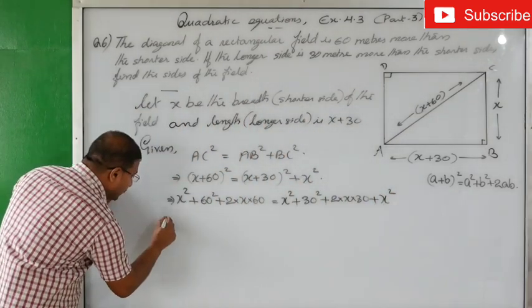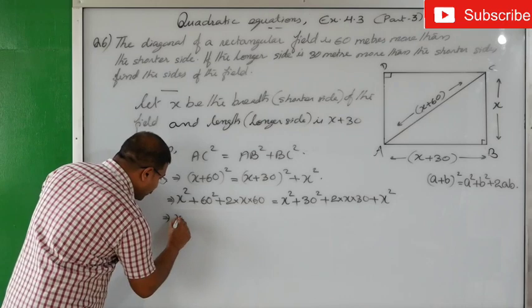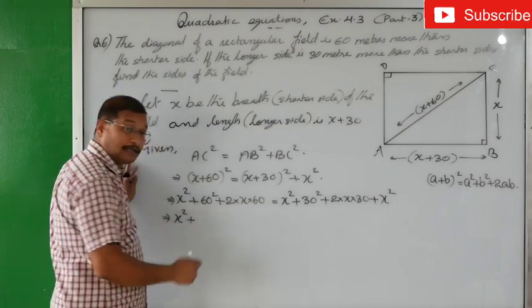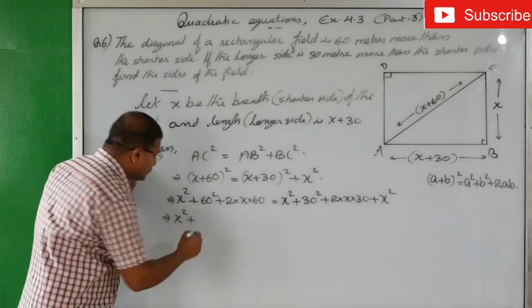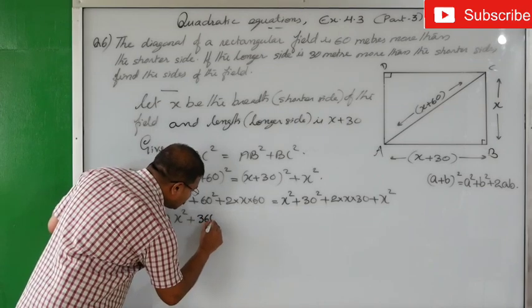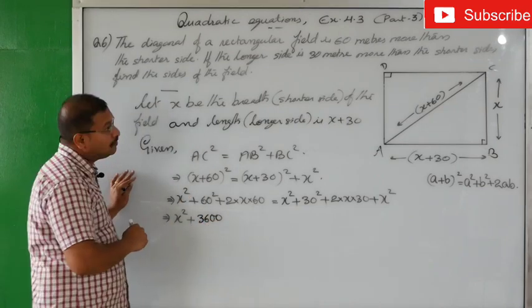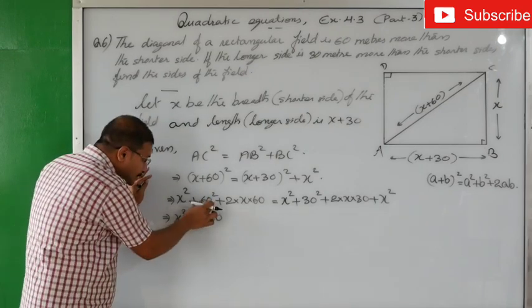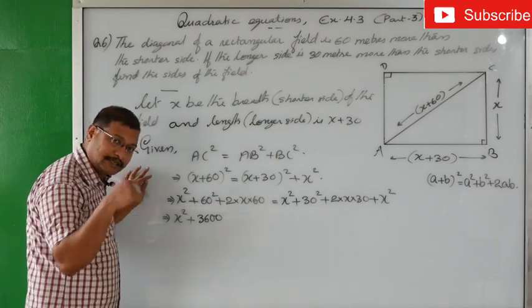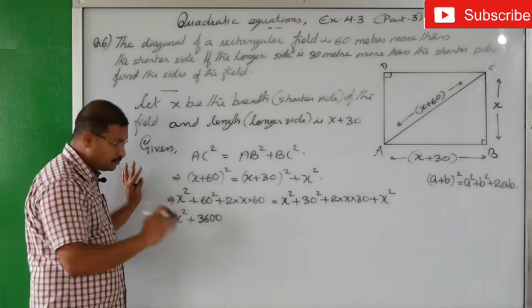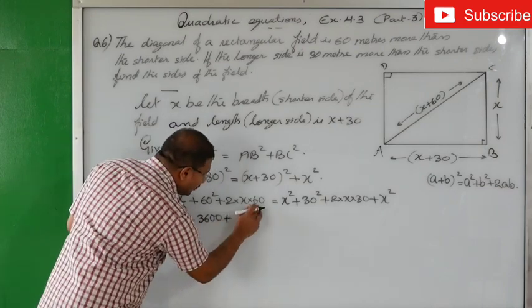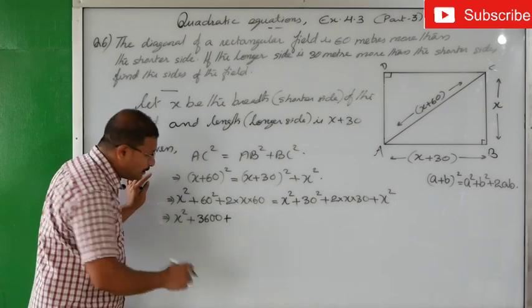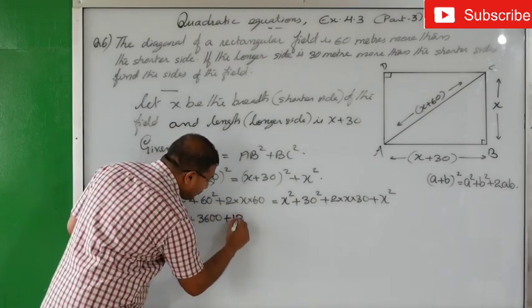Okay, this implies x square plus 60 square. 60 into 60 is 3600. Ready? If you have doubt, 60 into 60, multiply and check it. What you will do? 60 into 60 means 6 into 6, 36. After that, 2 zeros will put. Ready? Plus 2 into 60, 120. Isn't it? Because 2 sixes are 12. And this 0 will put.